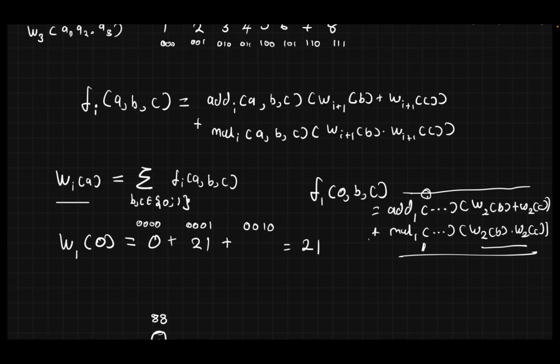Scroll up. Please finish this line, there's something missing. That W1 of 0 equals 0 plus 21 plus something is missing. Plus 0 plus 0 plus 0. The rest of them are zeros. Yeah, there's only one gate.